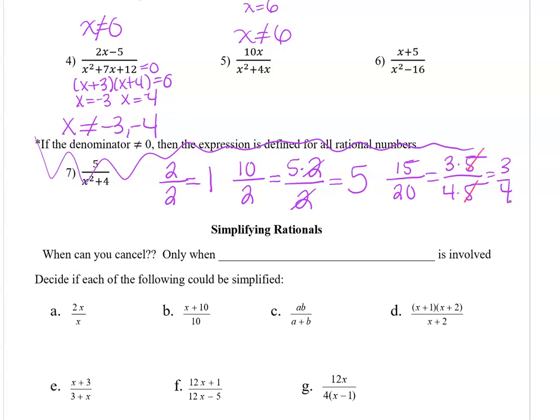So I've started with the basics of numbers to show you that I'm breaking up each of these numerators into factors, which implies that we are using multiplication. Okay, that's a multiplication symbol. That's a multiplication symbol. So if I can break it up into multiplication and then I see things that are alike, I can cancel those out, which canceling just means reducing to 1. So in this blank down here with simplifying rationals, it says when can you cancel? The answer would be when multiplication is involved.